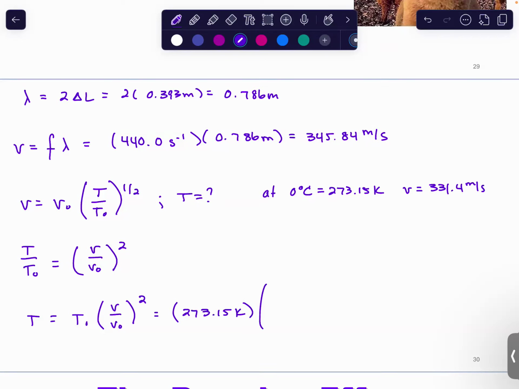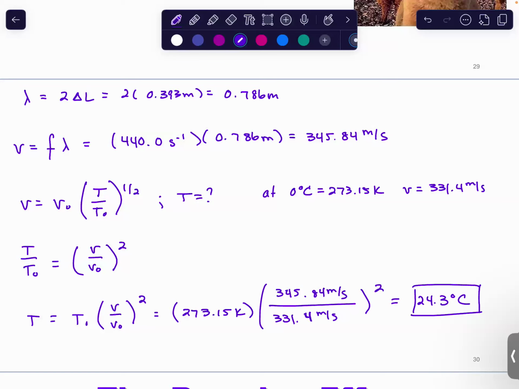The velocity of our wave is actually 345 meters per second over the reference speed. Get rid of that, and you end up with a temperature of about 24.3 degrees Celsius.